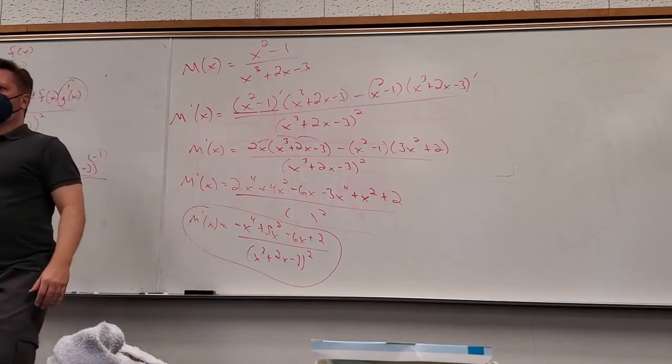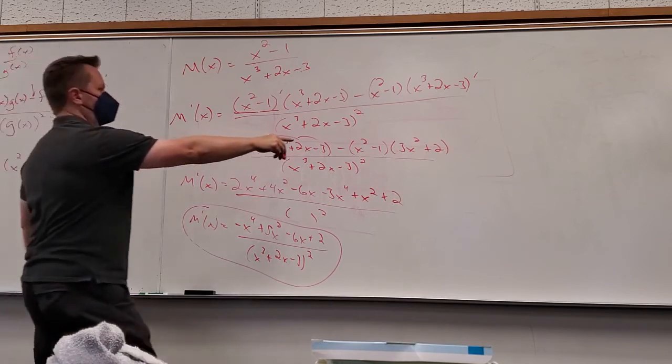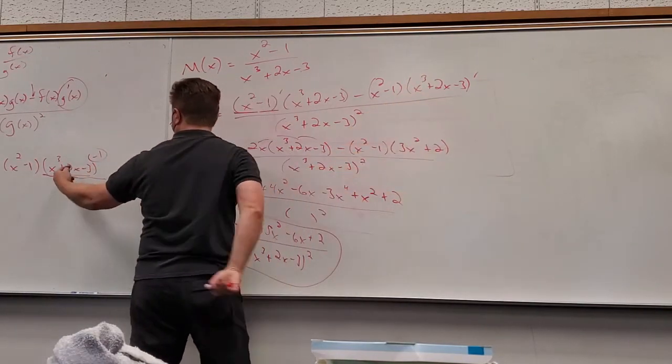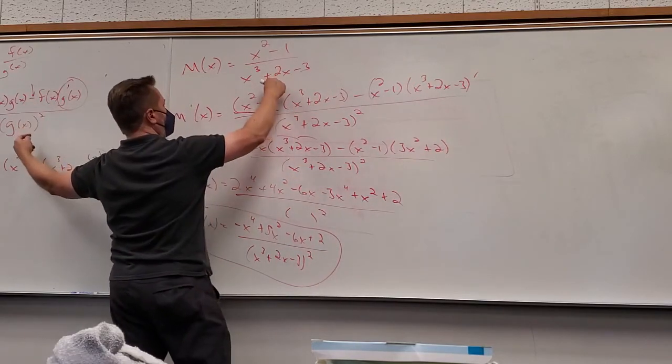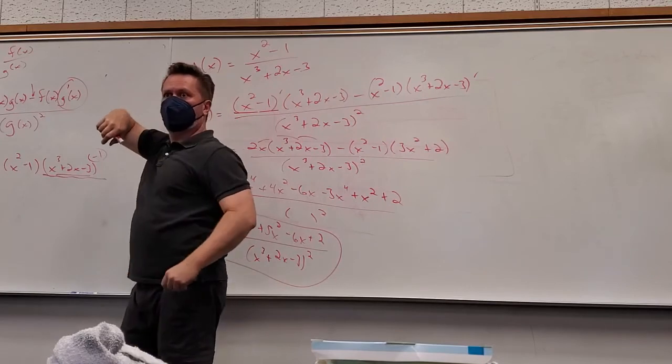Yes? Well, you said that the negative contributes to the x squared minus 1 and then times 3x squared plus 2. Here, because look, isn't this on the bottom? So if I brought it up, wouldn't it be to a negative 1 power?